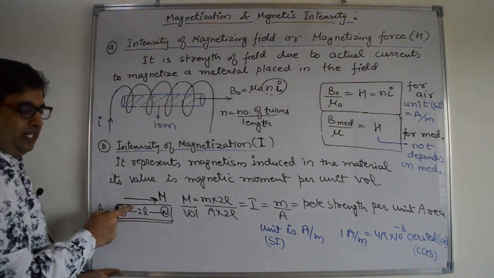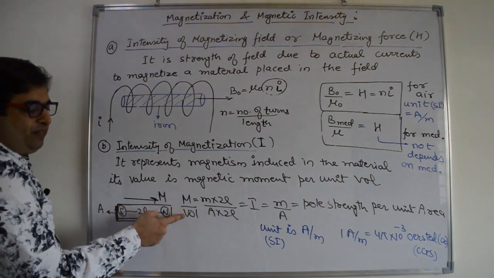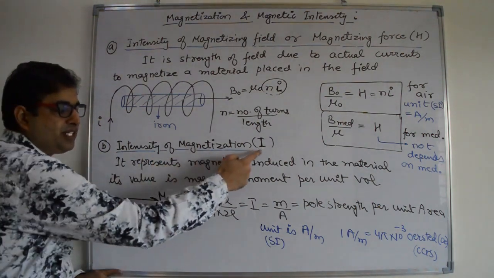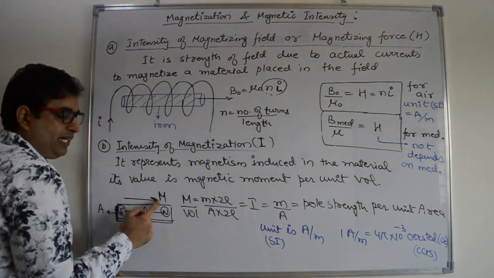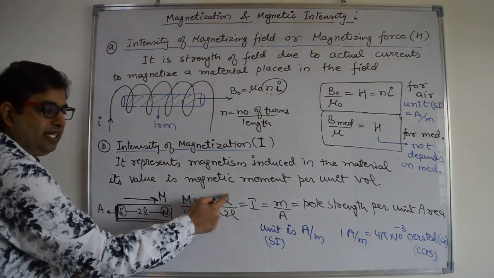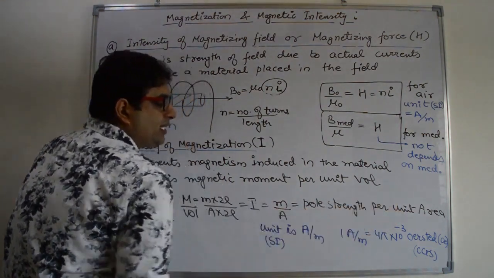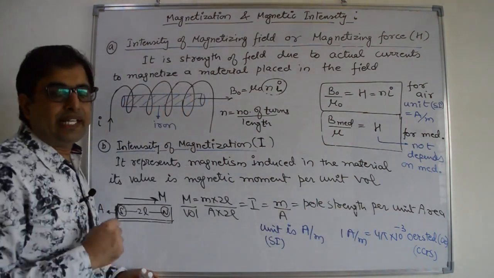Magnetic moment is pole strength into length. Volume is area into length. Length will cancel out, so it is pole strength per unit area, which is the intensity of magnetization.